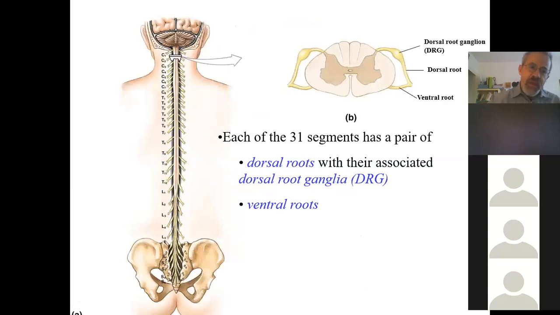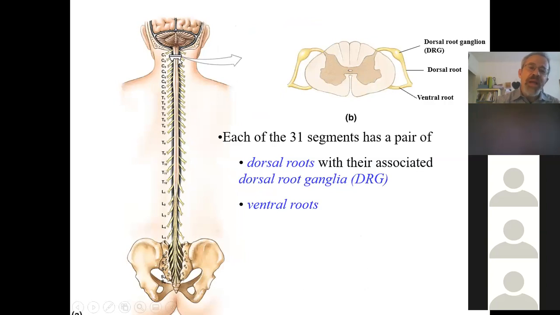Okay. So that's the longitudinal view of the spinal cord. And you can see we have 8 cervical, 12 thoracic, 5 lumbar, 5 sacral, and 1 coccygeal pair of nerves coming down. At every one of those segments, I mean where the C1 is, where the C2 is.